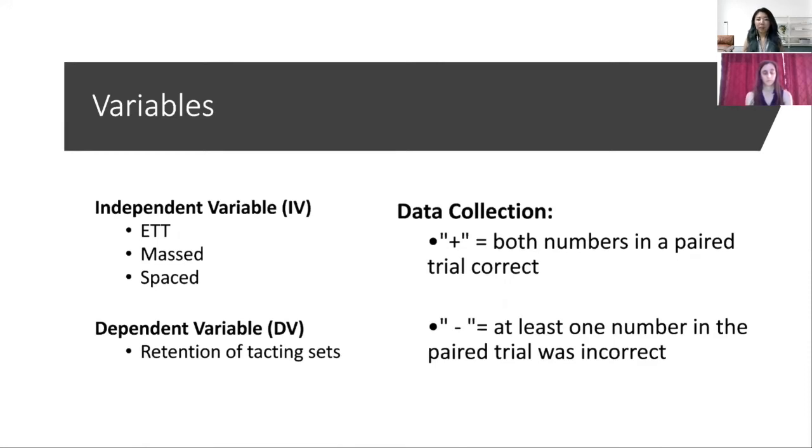So if we had the left-facing arrow tacted correctly, but the right-facing arrow was tacted incorrectly, then that trial was marked with a minus. The reason why we would mark our data in pairs is because expanding time trials require both of the targets to be correct before we can move on, and we wanted to keep all of our condition requirements the same across all 3 teaching procedures.